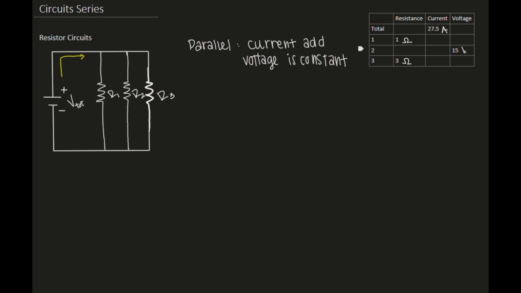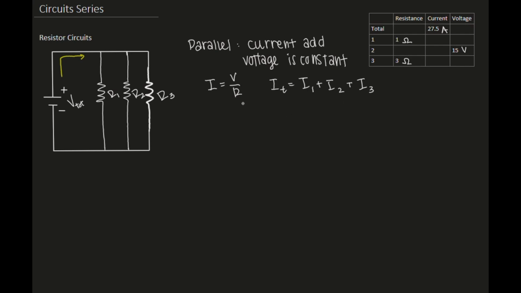We can use our understanding of Ohm's law, which is still the same and still applicable, to calculate the missing values here. We can also use the fact that the voltage stays the same and current adds. So total current is equal to I1 plus I2 plus I3. And we can use the equation for total resistance. In this case, it's not just the sum of all the resistors.